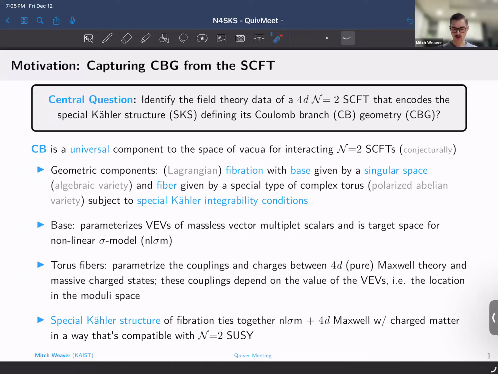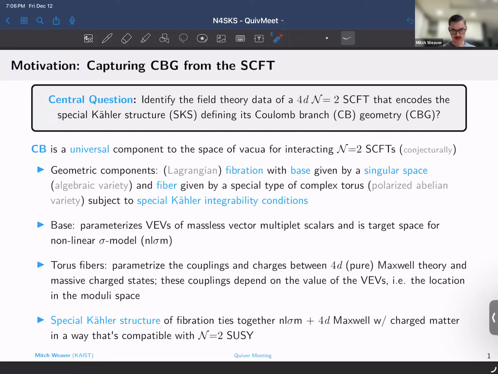And in more physics terms, the base here is what parameterizes the vevs of the massless scalars in the vector multiplet. And it's the target space for a nonlinear sigma model describing the low energy effective action that governs the physics here of these scalars getting vevs. The torus fibers parameterize the couplings and charges between 4D pure Maxwell theory, the gauge fields of these vector multiplets, the U(1) gauge fields, and the massive BPS states.